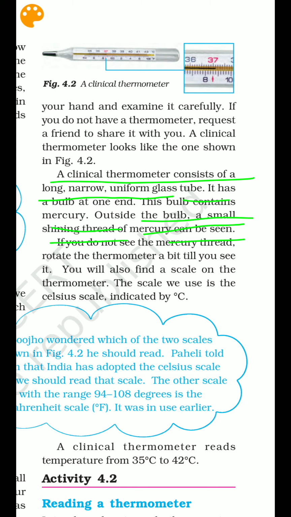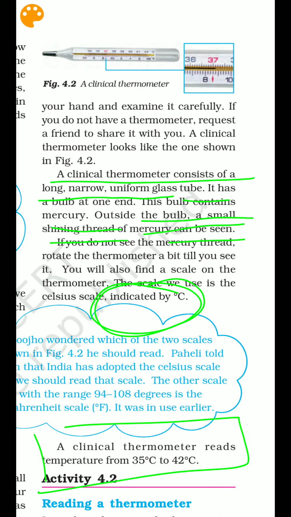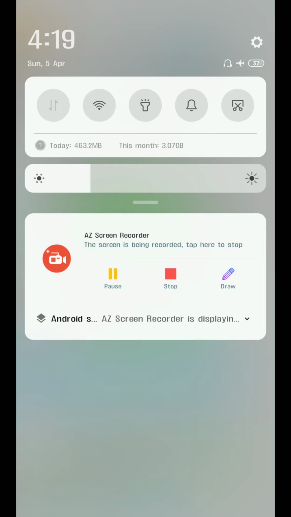You will also find a scale on the thermometer. The scale we use in the thermometer is always indicated by degree Celsius. Okay, and this also I have told you that the clinical thermometer reads from 35 degrees Celsius to 42 degrees Celsius. All right.